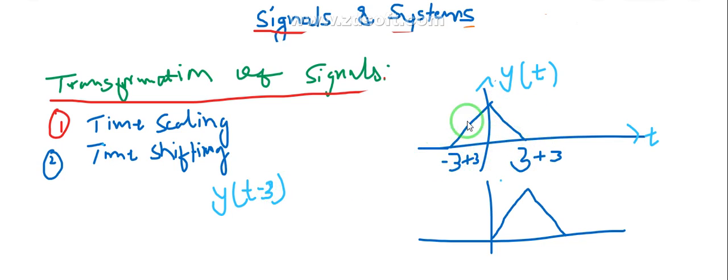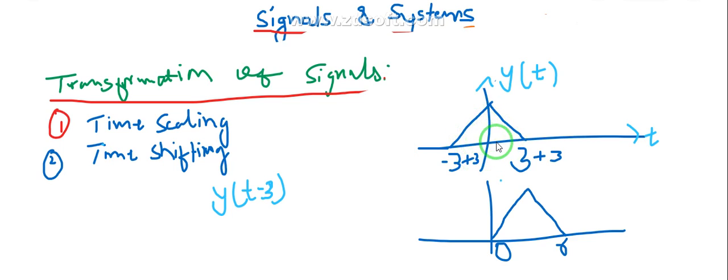For operating on the signal, you add 3 to the limits here: minus 3 plus 3 means 0. The signal will start from 0 and end at 6. This is what time shifting means. You are shifting the signal.